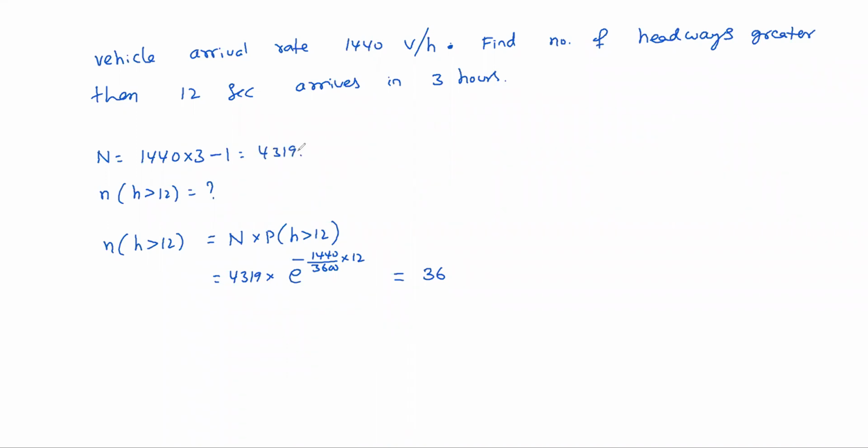Total vehicle arrival minus 1 is the total number of headways. So total number of headways is 4319 only. Total number into probability, you get the number of headways greater than 12 seconds.